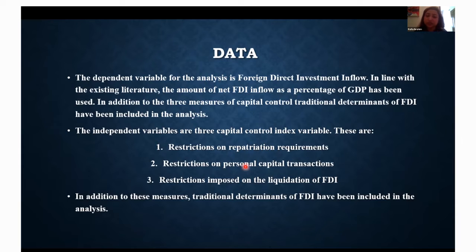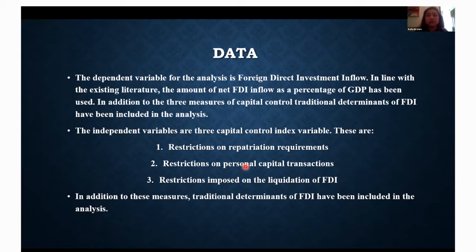Restricting these accounts basically limits the amount of foreign currency they can repatriate to their domestic market. The third one is the restriction that is imposed on the liquidation of foreign investment. Basically, when an investor tries to convert his profit into money or capital, these restrictions limit the possibility of doing so.